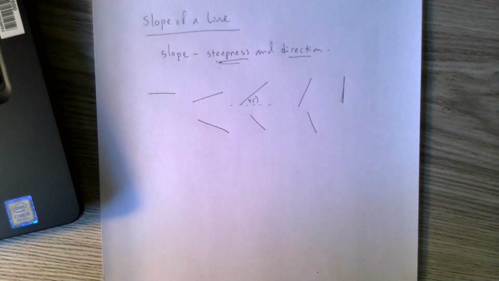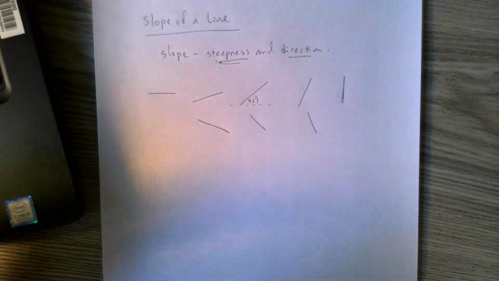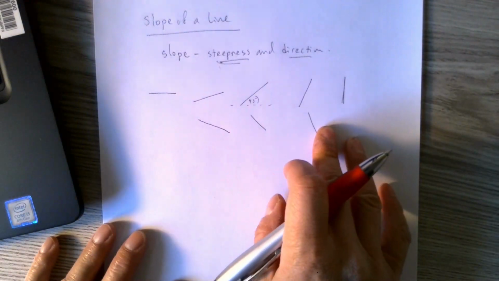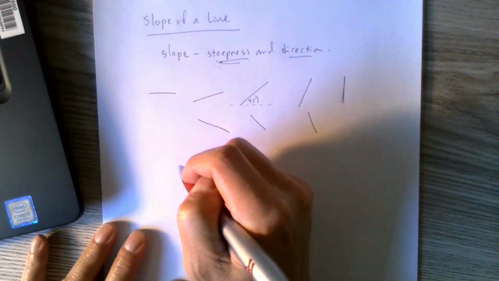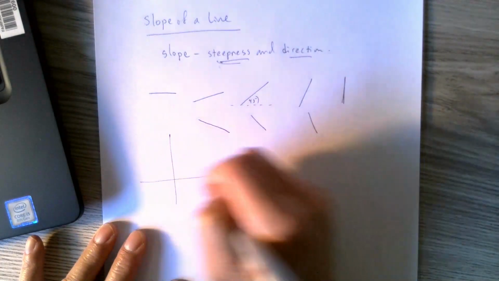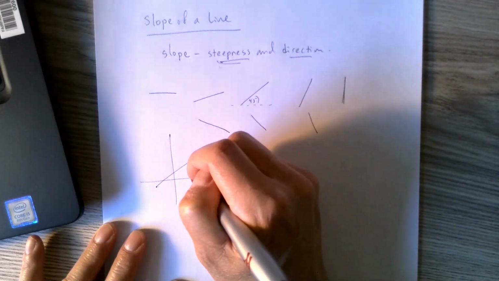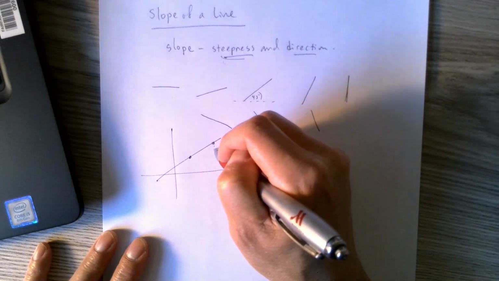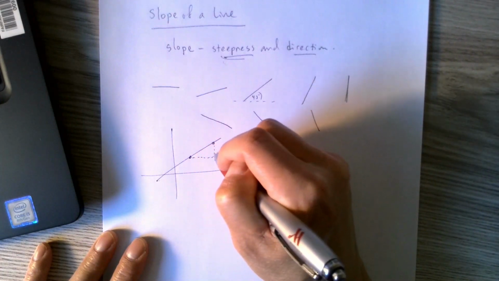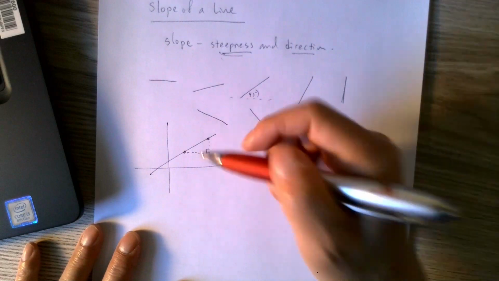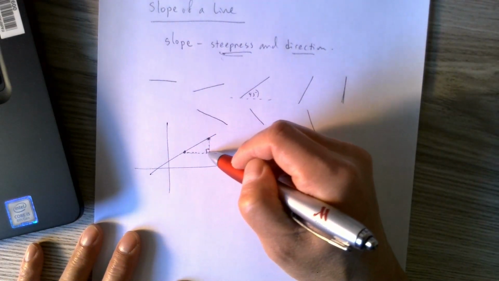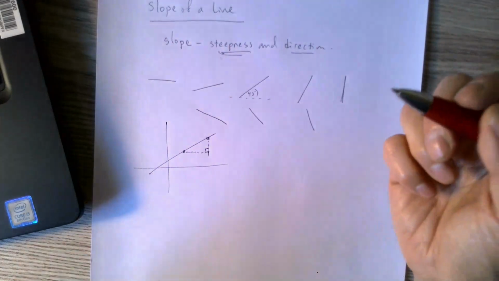So this number called slope was invented by people who wanted a numerical value that could measure steepness and direction. So what they did was they decided, okay, let's say we have a line and we pick two random points on the line and we draw a right triangle like so, using a vertical line down from this point and a horizontal line over from this point to create that right angle.